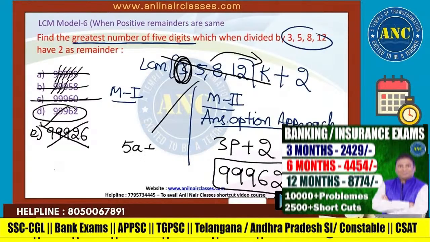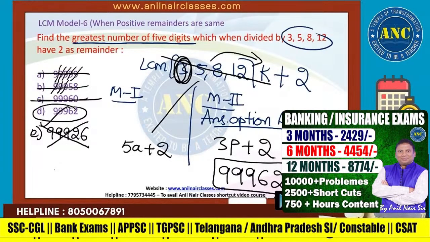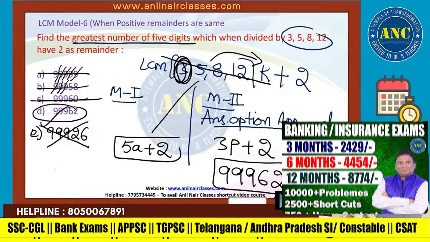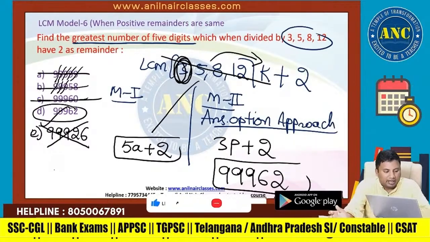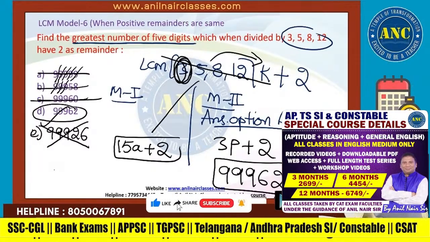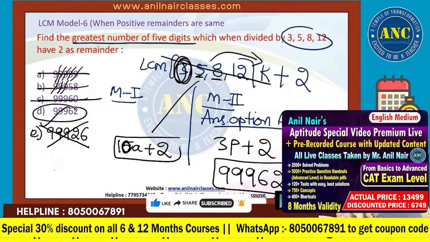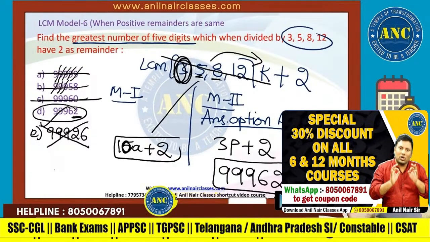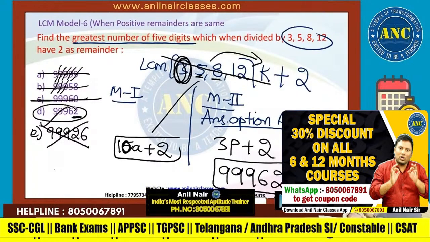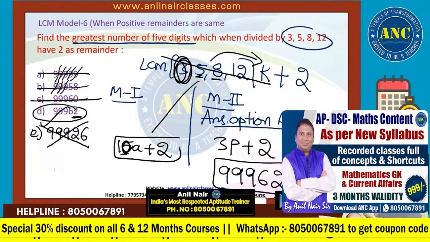The form is 5a plus 2, so when the answer is divided by 5 it should give remainder 2. In fact, it will become 10a plus 2. Why? Because 5 and another 2 will be there. That means the unit digit should be 2, so 99926 is incorrect.